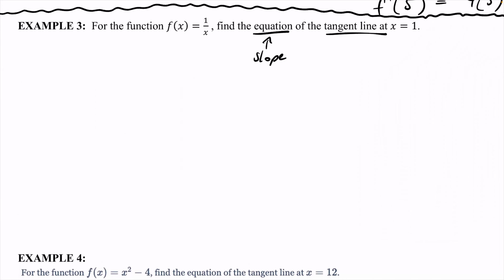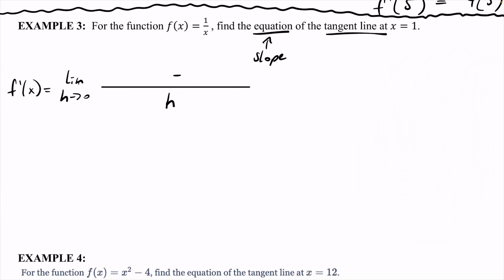So let's set it up. F prime of x equals the limit as h approaches 0. h goes on the bottom. The original function goes on the right side.